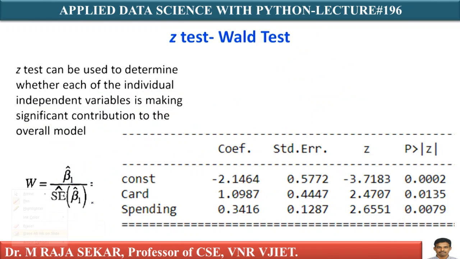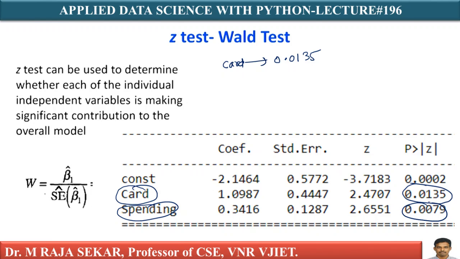Even you can see the corresponding probabilities. For card, what is the corresponding probability? Card is one independent variable whose probability is 0.0135, isn't it? Another independent variable is spending, whose probability is 0.0079, isn't it?